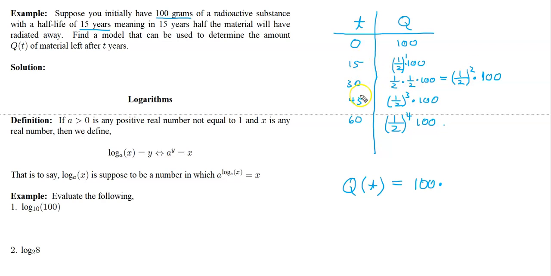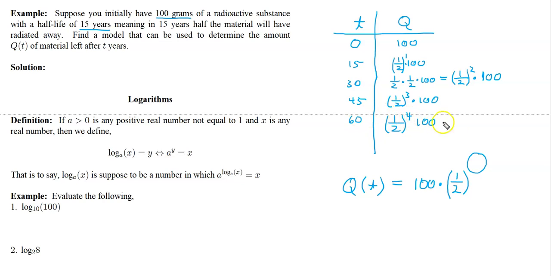But over here in this column, we go by increments of 15. So we want to put up here in the exponent some function of t that takes 15 to 1, 30 to 2, 45 to 3, and 60 should be 4.